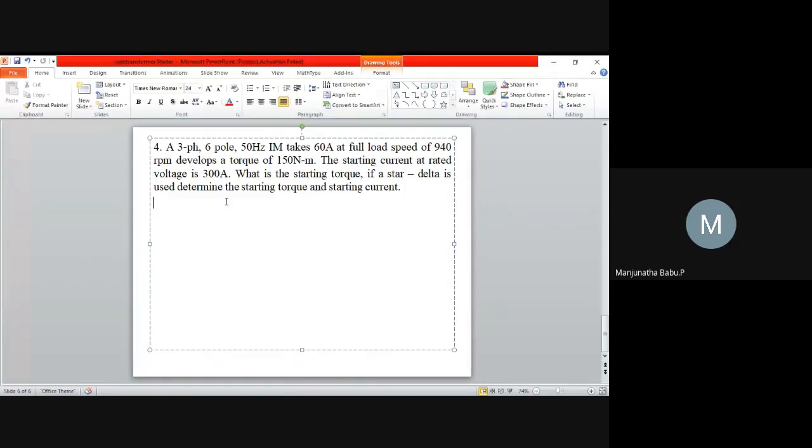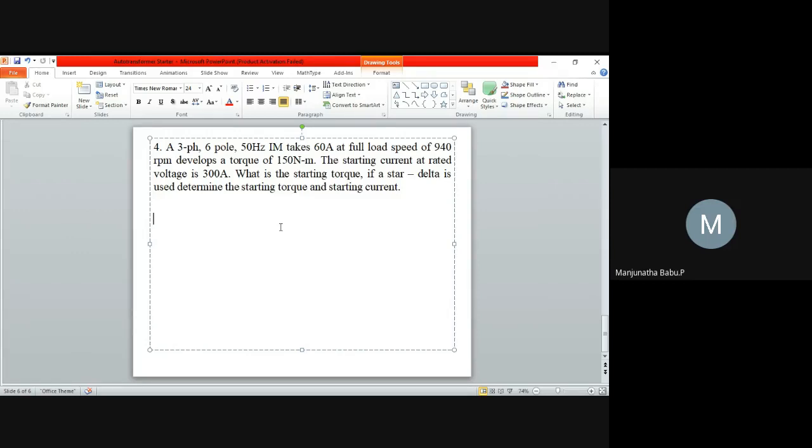First find the starting torque at rated voltage, considering X is equal to 1 because at the starting, X square will be 1.